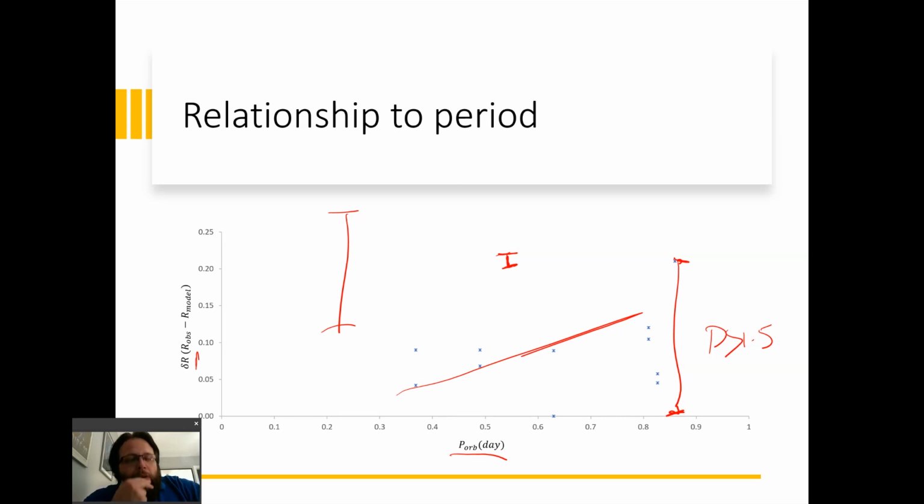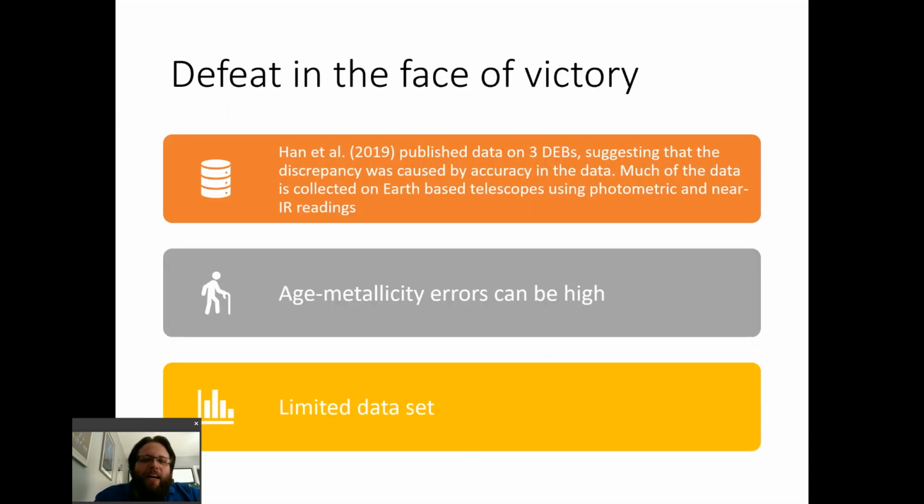Now, I think it was maybe a week before submission time, a paper was released by Han et al. looking at the issues around some of the data collected so far. So, having spent all this time working on this project, it almost got taken away from me at the last minute.